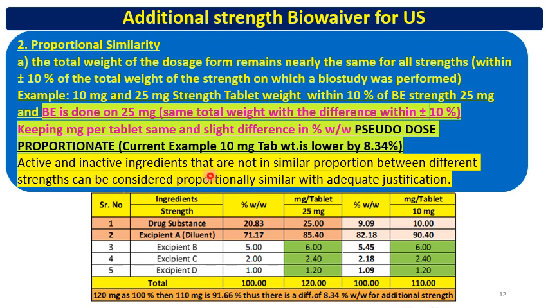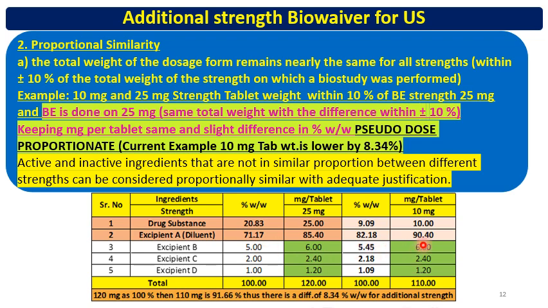Active and inactive ingredients that are not similarly proportional between the different strengths can be considered proportionally similar with adequate justification. So for this, I have considered an example and presented here. Here you can see the mg per tablet for 5 mg and for excipient B, C and D is there.